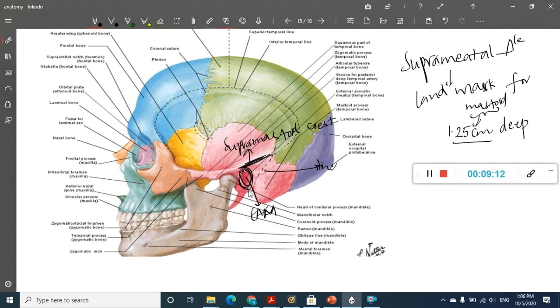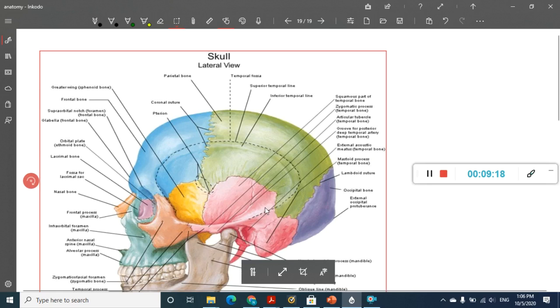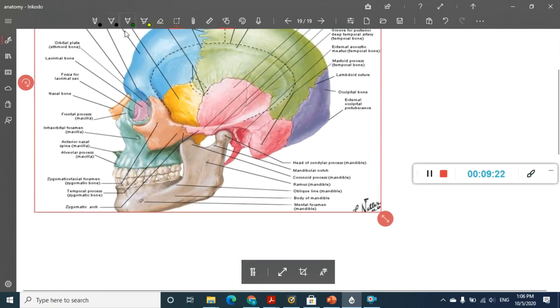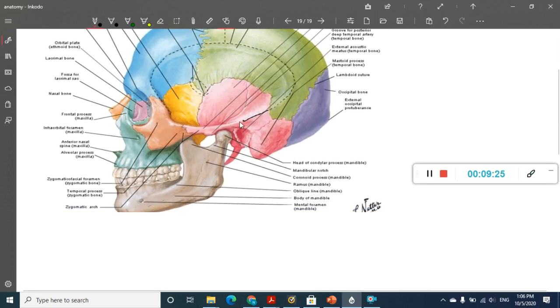And one more important thing is in the anterior inferior part of this triangle. So let me show you again. I'll just draw the triangle. This is the suprameatal triangle which you are seeing, and in the anterior inferior part of this triangle, there is a spine-like process which is present.